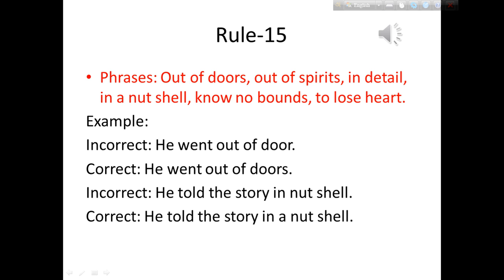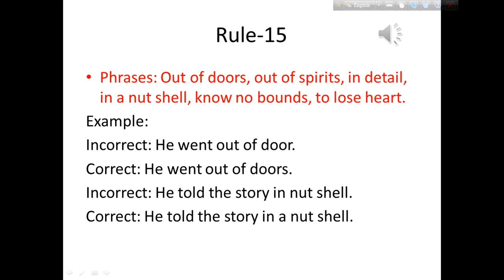We can give many more examples, but I have given only those phrases. So let's see the examples given here. He went out of door. So if you don't know the phrase, you will think this sentence correct.